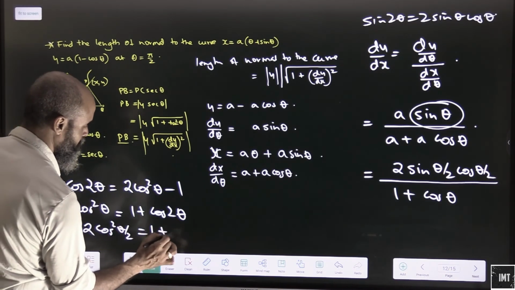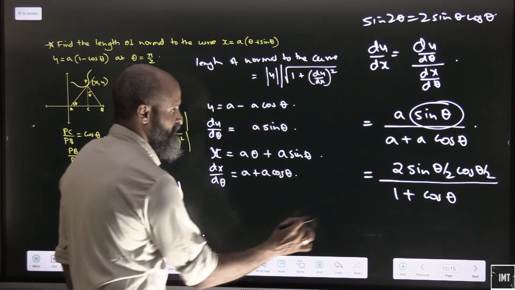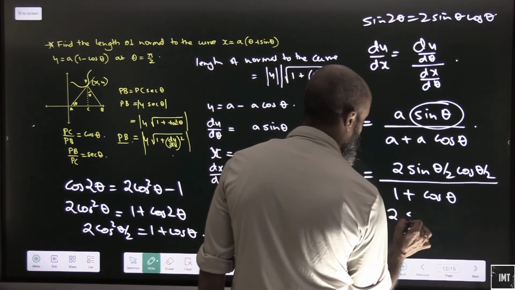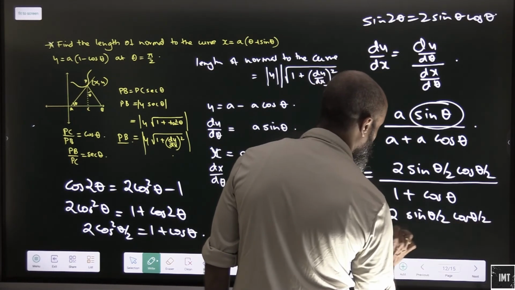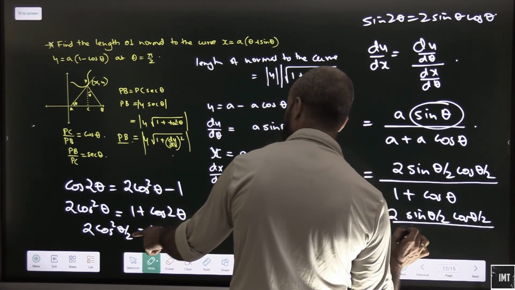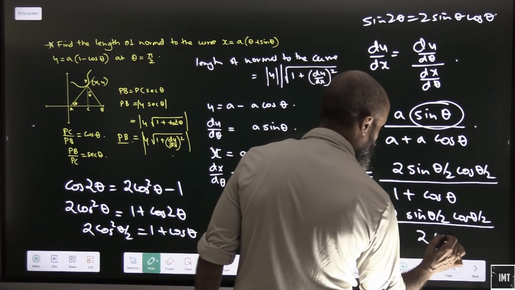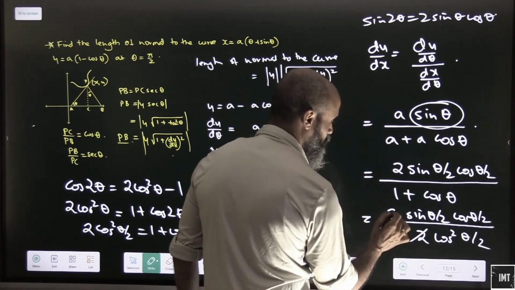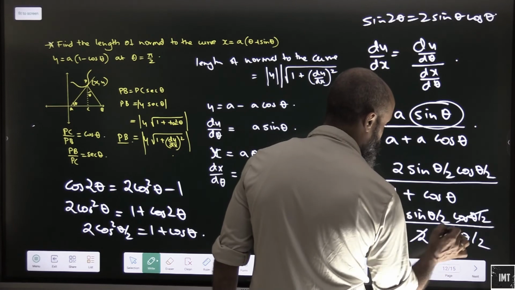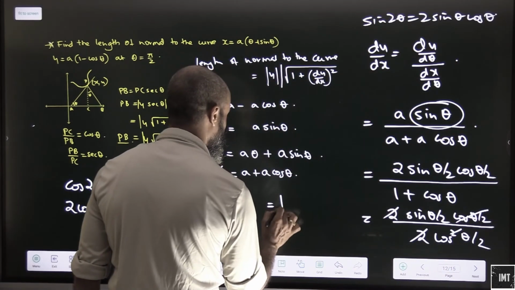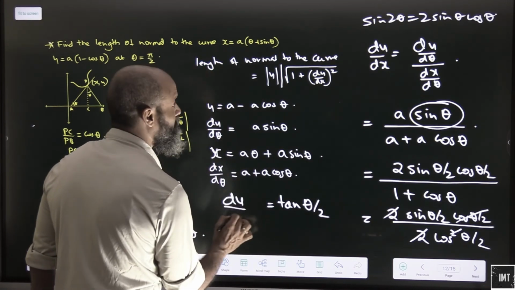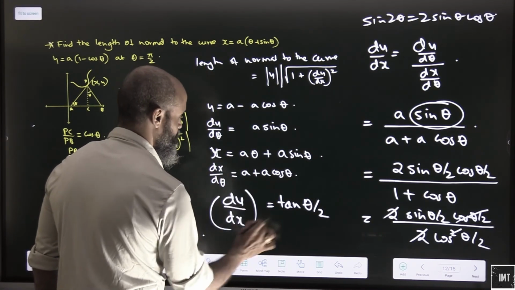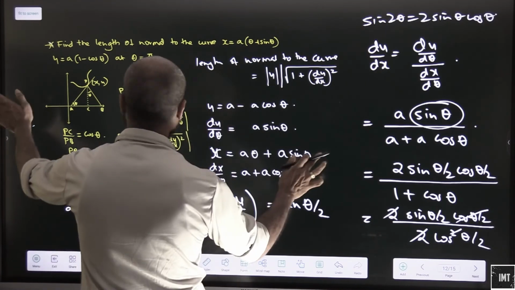So it will be 2 sine theta by 2 cos theta by 2 over 2 cos square theta by 2. The 2s get cancelled, and this gets cancelled by this, so dy by dx is equal to tan theta by 2.